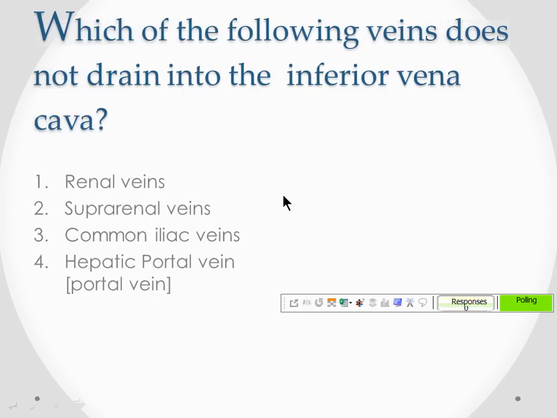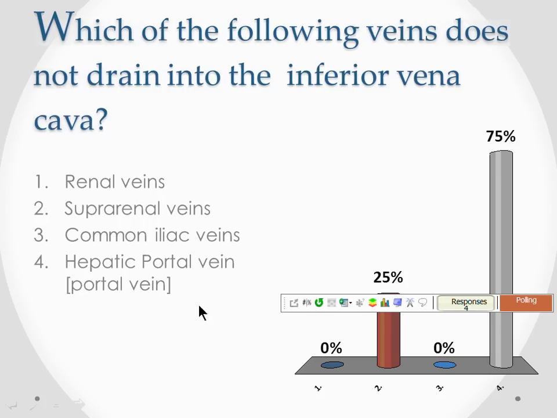Now, if you got a question like this, which of the following veins does not drain into the inferior vena cava? Yes, it's hepatic portal vein.